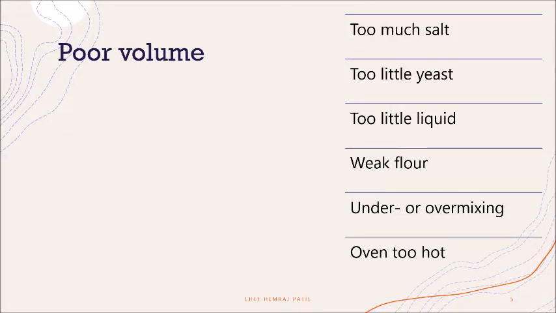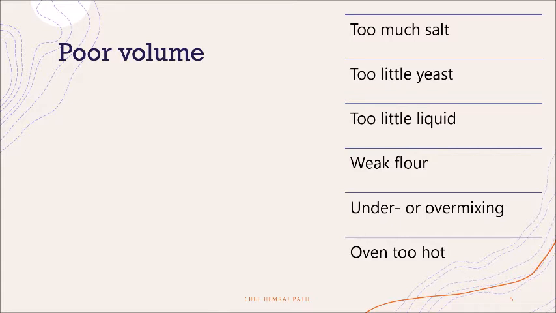Under mixing means less gluten is developed. If less gluten is developed, that is not going to hold the gases. And if the gluten is developed too much in the dough, that will not allow the bread to expand.